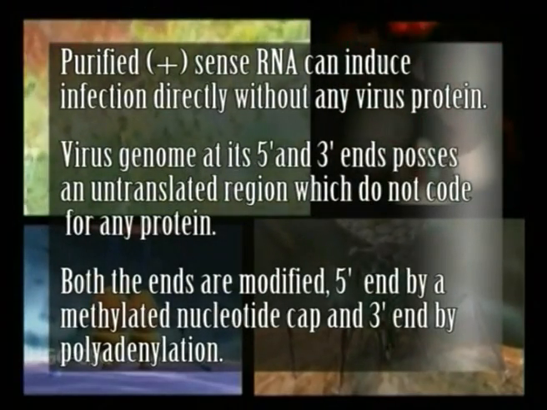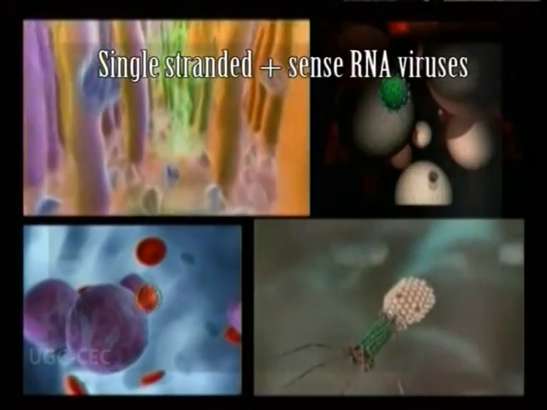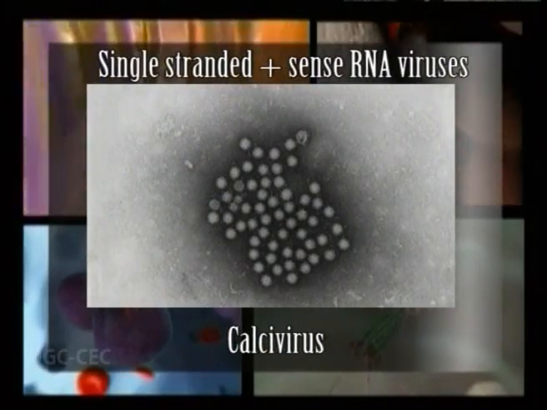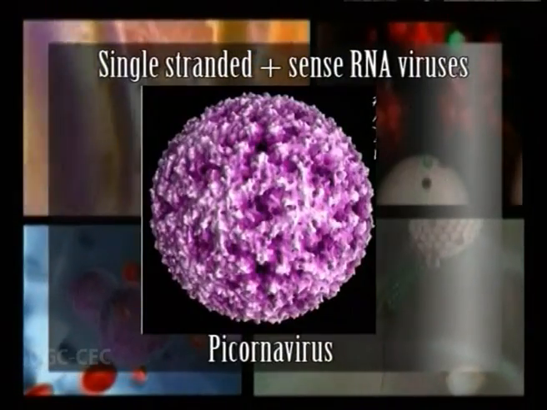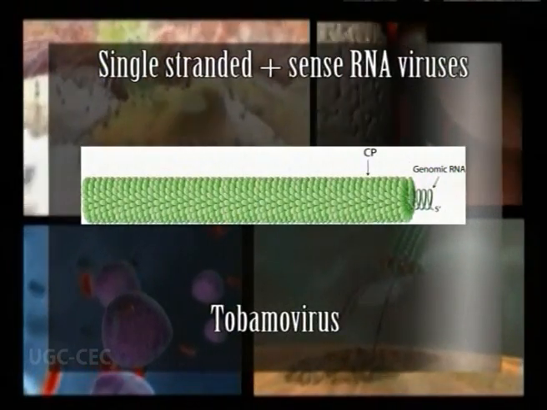The modification helps the viral RNA in its recognition by the host cell. The examples of single-stranded plus sense RNA viruses are caliciviruses, astroviruses, picornaviruses, tobamoviruses, and bromoviruses.